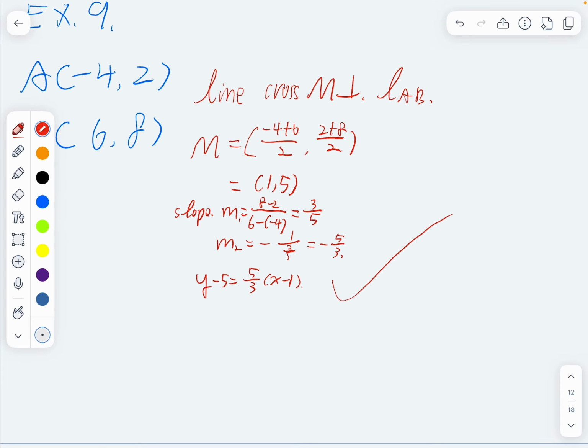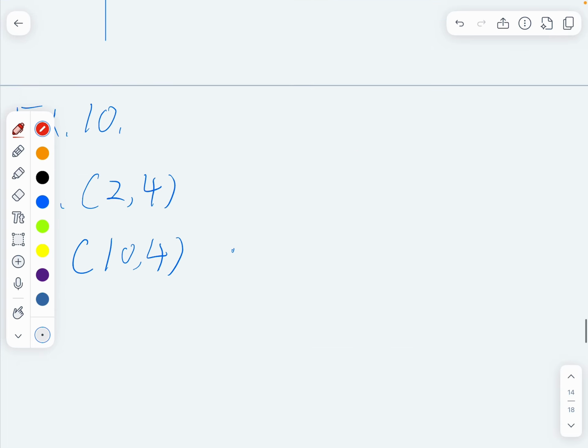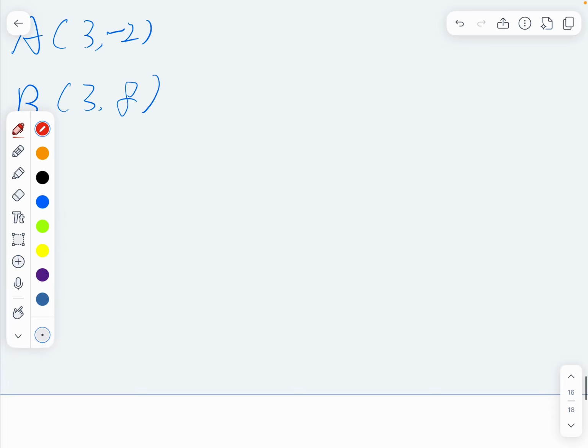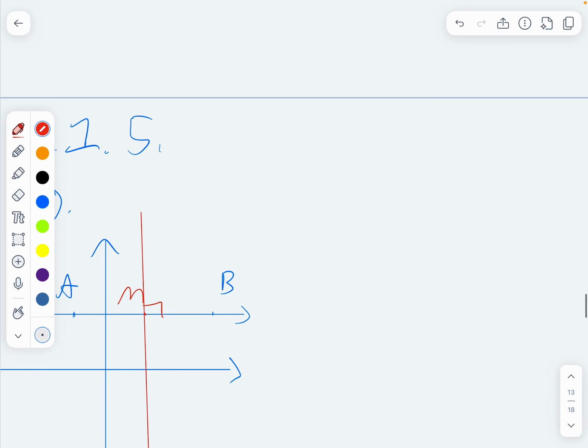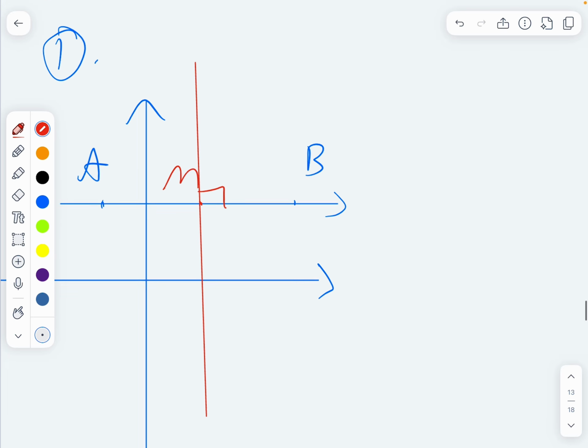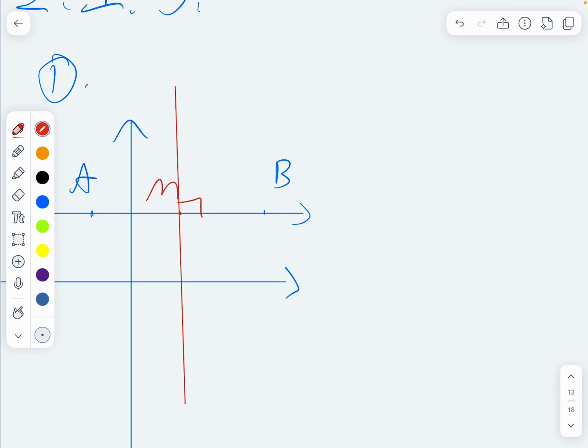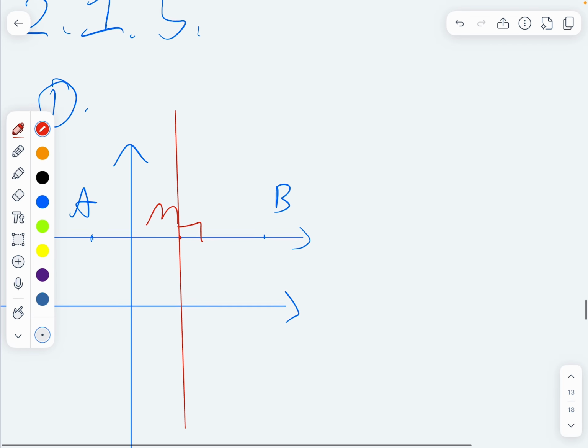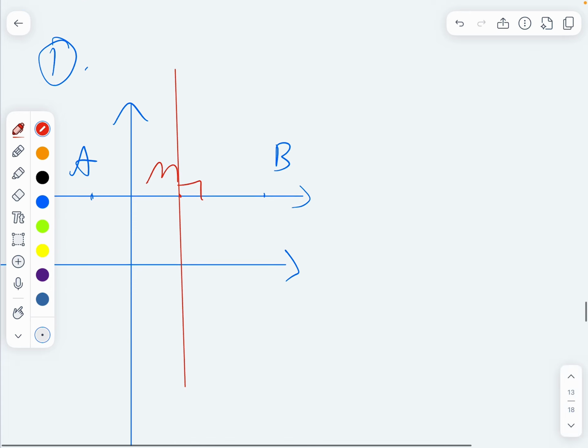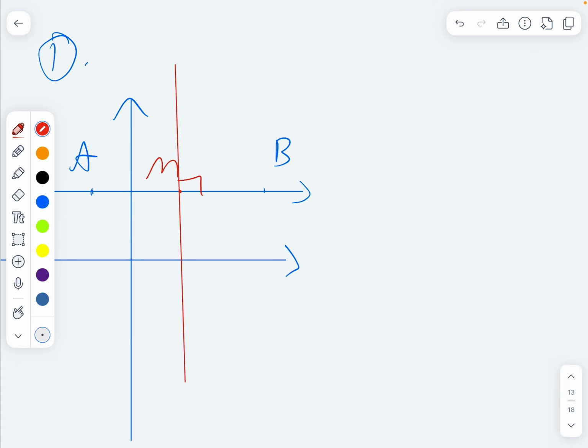We still have two special conditions to consider. We studied the special case where the line is a horizontal line.